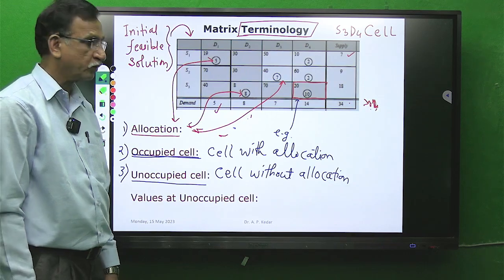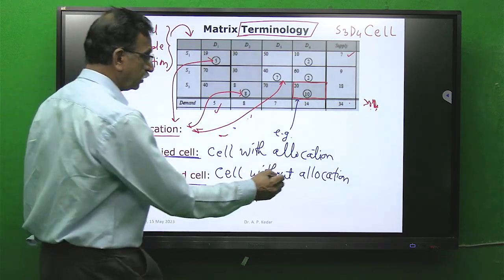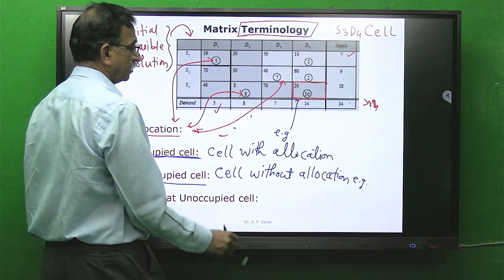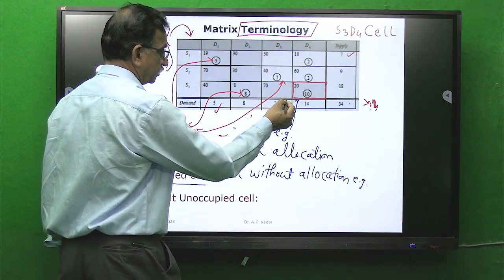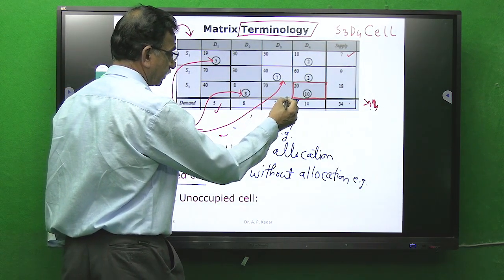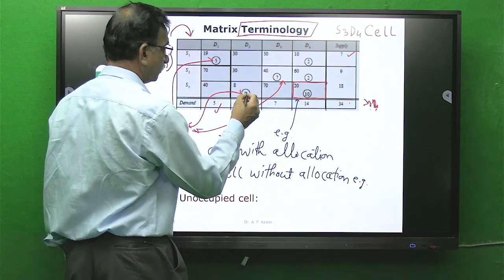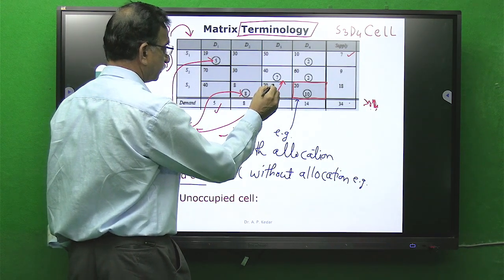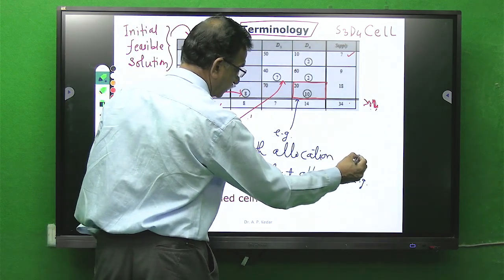Unoccupied cell. For example, suppose I want to give an example here. This particular cell, the example we can quote, is cell S3D3.